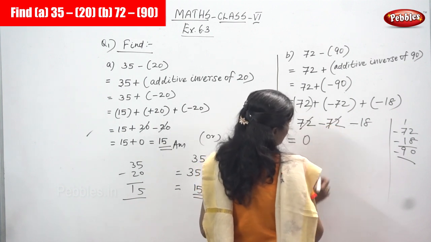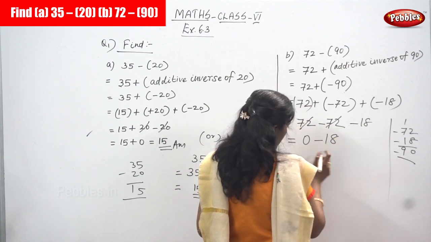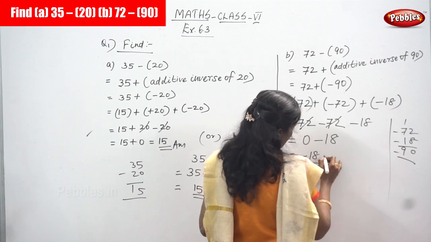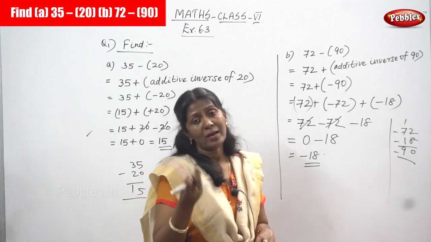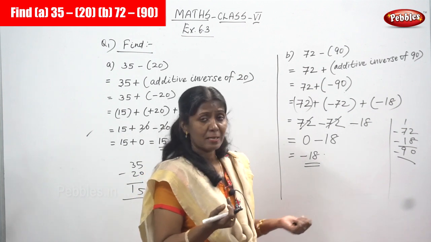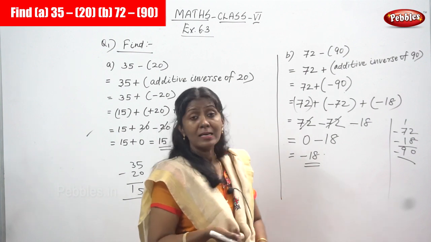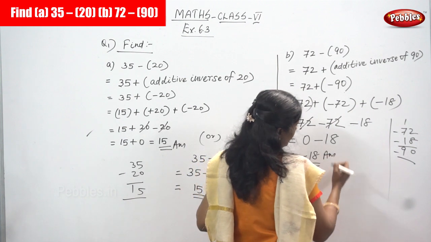I cancel both, then I have written minus 18. I bring this down and 0 minus 18, I get minus 18. I've told you, if you add 0 to any number, you get the same number. So here I'm subtracting 0 from a number, I get the same number, that is minus 18. So minus 18 is the right answer for the question.